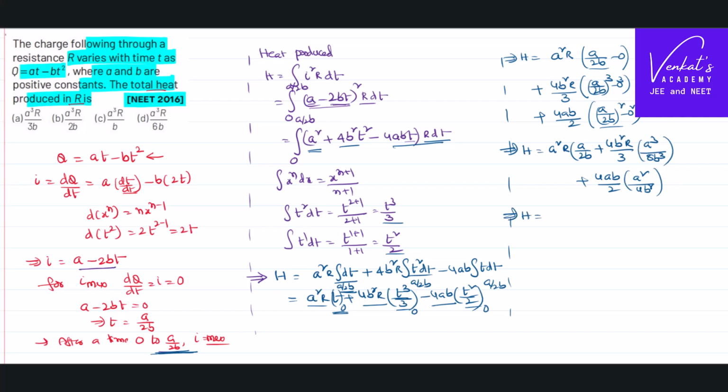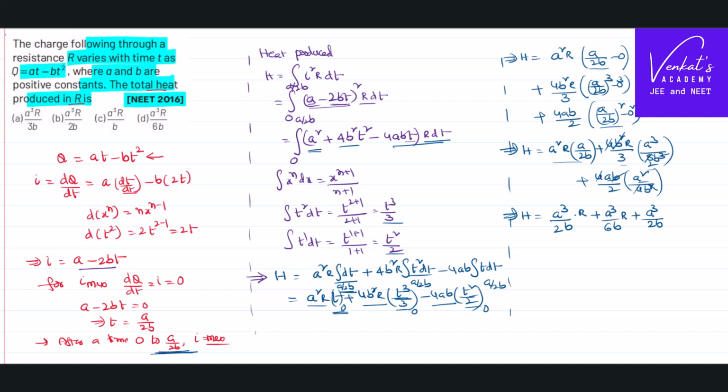H equals A square R times A by 2B, so the first term becomes A cube R by 2B. Look at the second term: the 4 is 2 times 2, and the b square cancels with b cube, leaving only one b. So the second term is A cube R by 3 into 2, that is 6B. Look at the third term: the 4 and 4 cancel, the b and one b in b square cancel, and A and A square give A cube by 2B remaining.